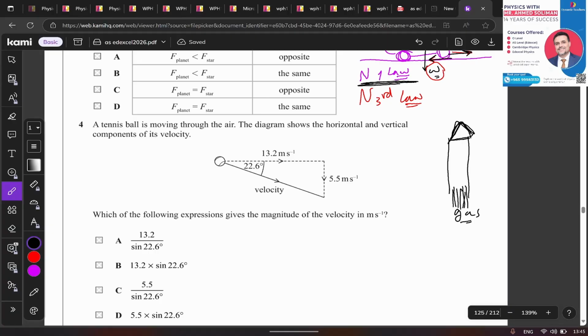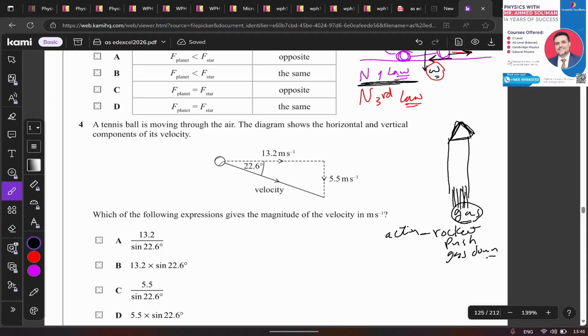Where is the action and where is the reaction force? The action is the gas pushing downwards. No. The action is the rocket pushes the gas downwards. Now, where is the reaction? The gas pushes the rocket upwards.